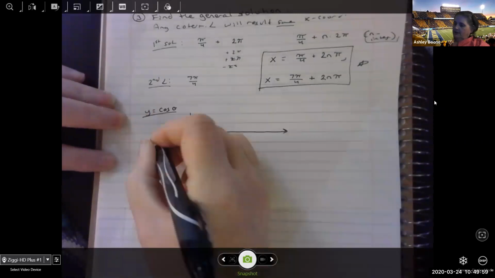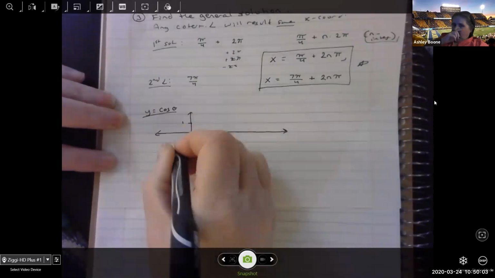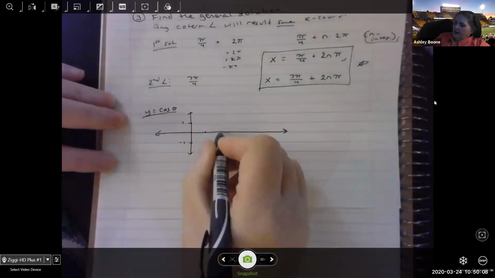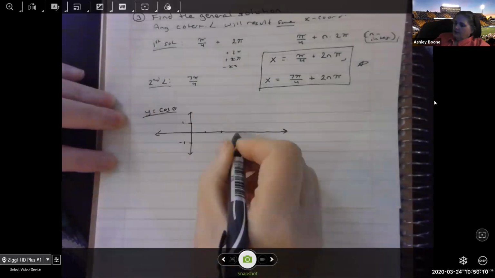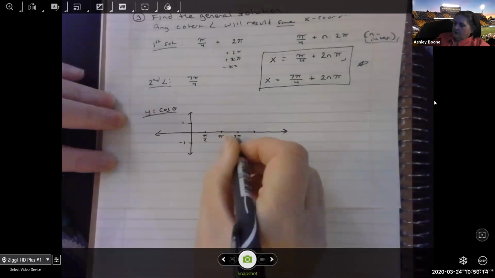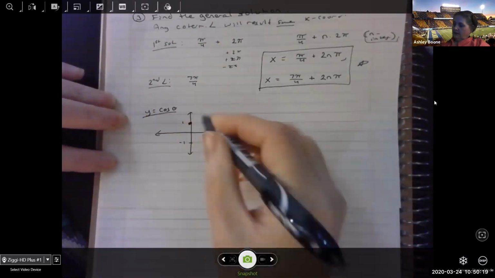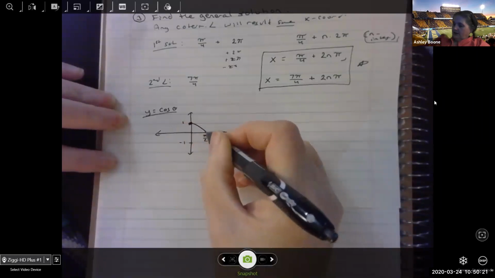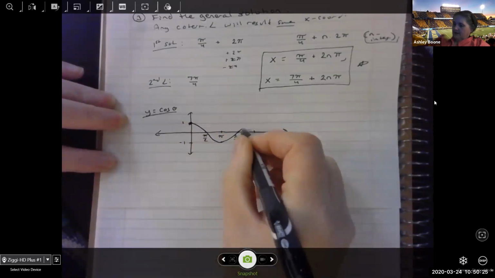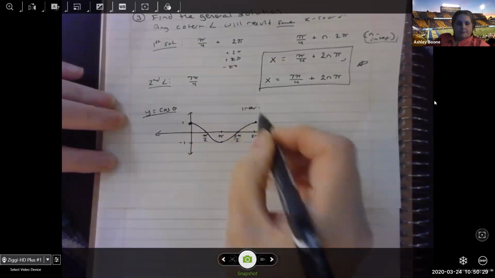There's 1, there's -1. I don't have a nice grid or anything, but think about how the graphs of cosine worked. Here's pi over 2, pi, 3 pi over 2, 2 pi, 1 revolution. Cosine started at 1, came down, bottomed out at -1, came back up to center, and then back up to +1. This was 1 revolution.